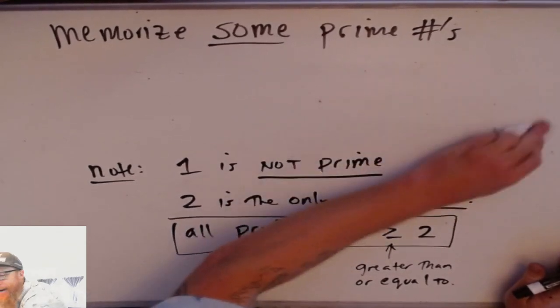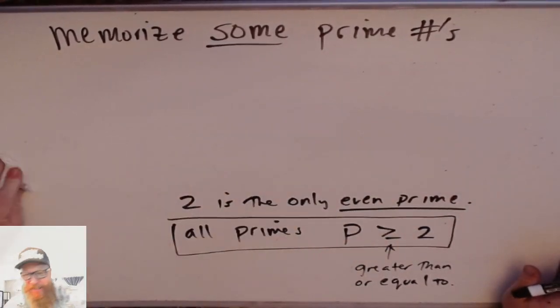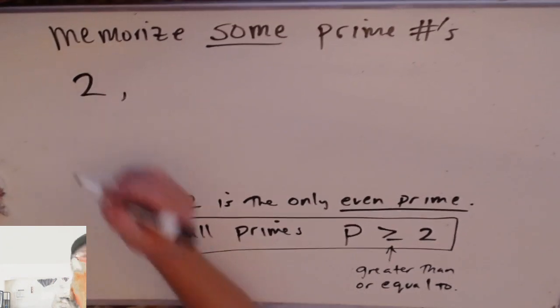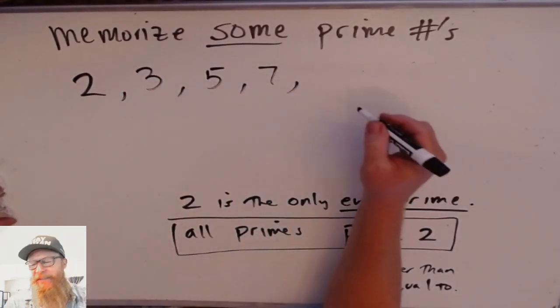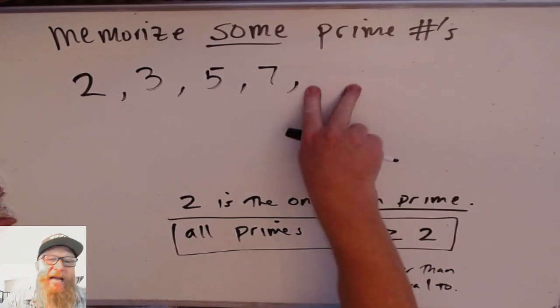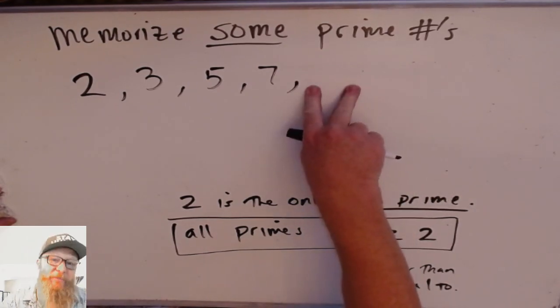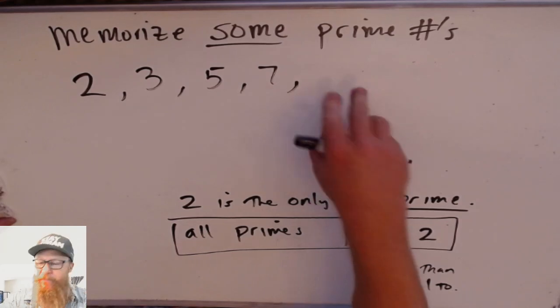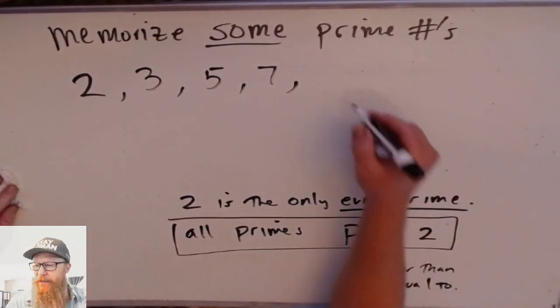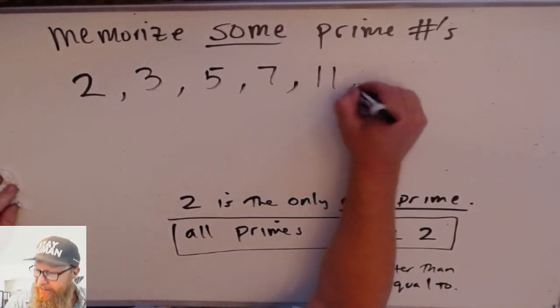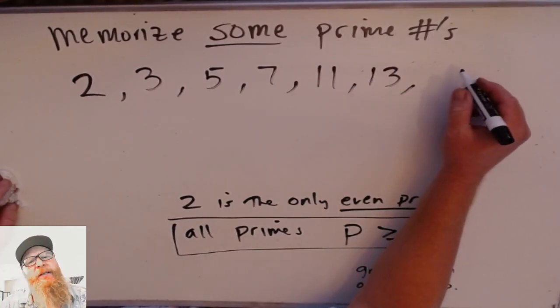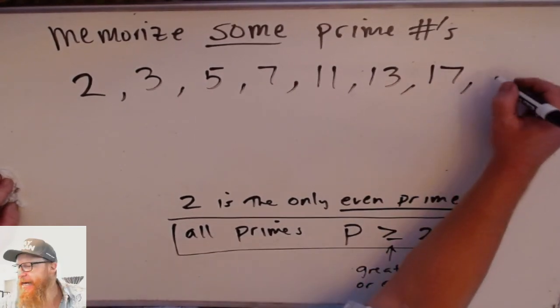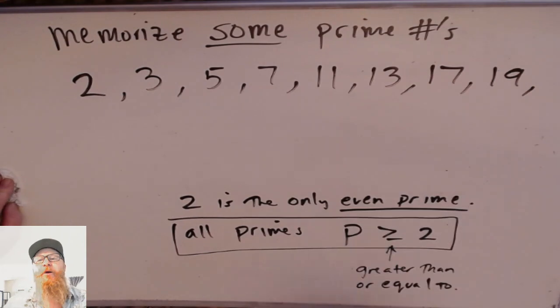I wouldn't say memorize all the prime numbers, but you should memorize some of them. 2, 3, 5, 7, but not 9, because 9 is 3 times 3, which are the factors. 10, no. 11, yes. 13 is prime. 15, no. 15 is 3 times 5. 17 is prime. 19 is prime. Lots of teenage primes.